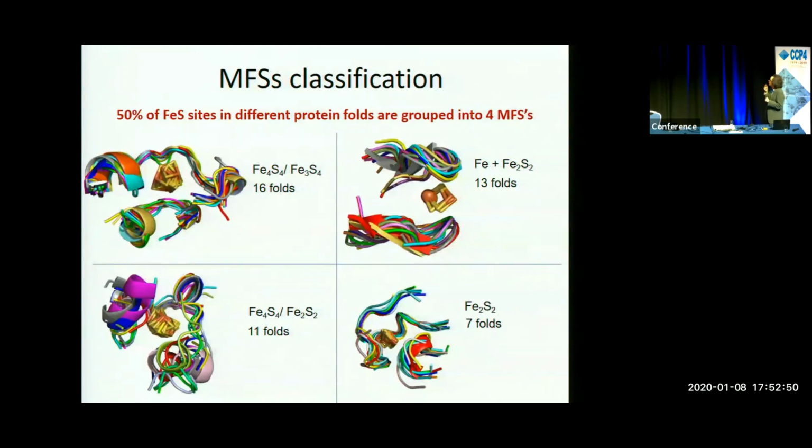And so you can see that you can take more or less 50 different folds and actually cluster them using the algorithm I just mentioned into just 4 groups based on the local similarity. And this is also for other systems. We actually initially observed that when looking at zinc fingers. So it's, we believe, a relatively common feature.